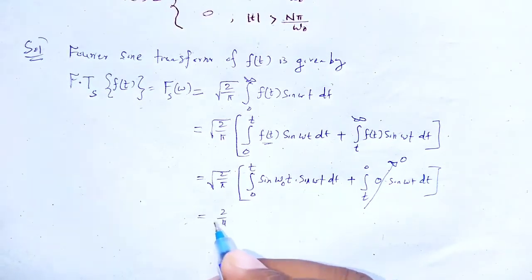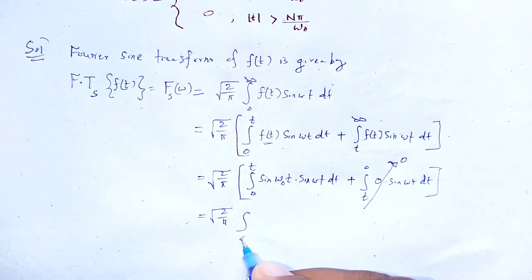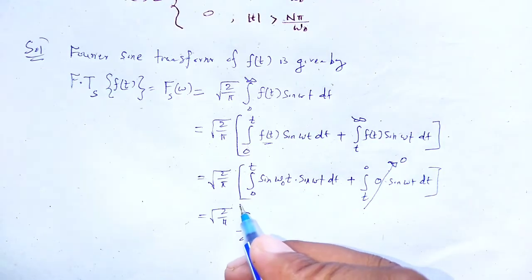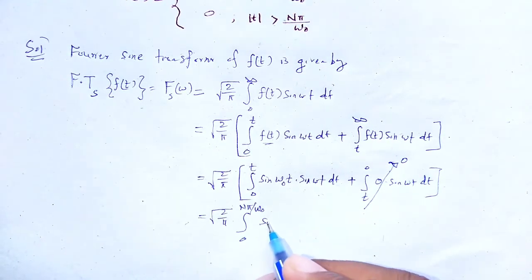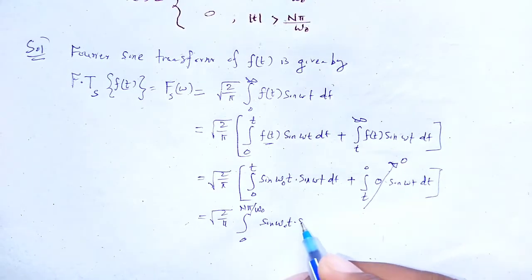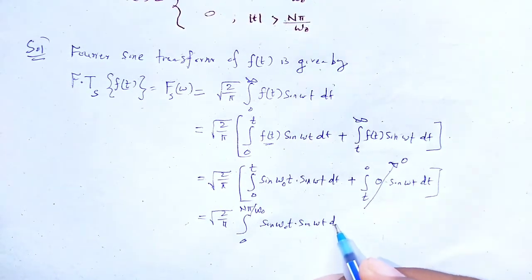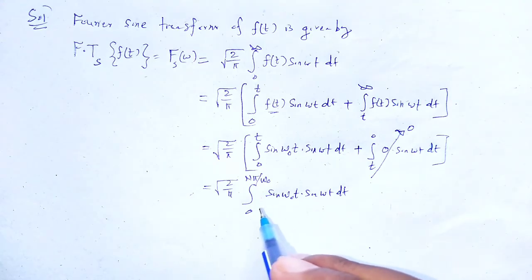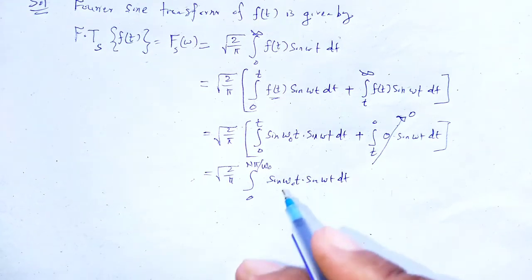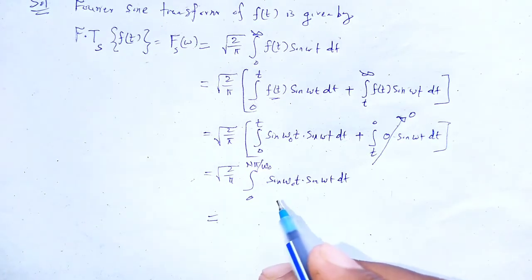So under root of 2 by pi, integration from 0 to n pi by omega naught of sin omega naught t into sin omega t dt. Here we use the formula 2 sin a sin b, that is cos of a minus b minus cos of a plus b, divided by 2.